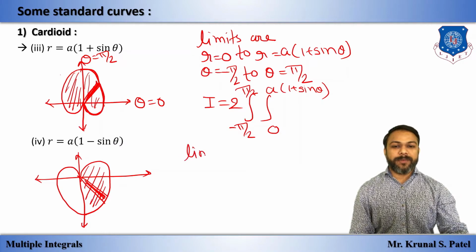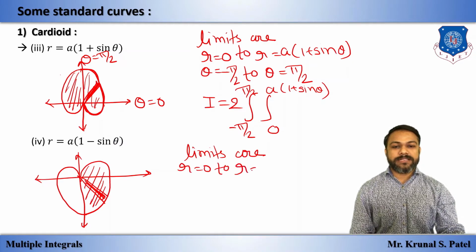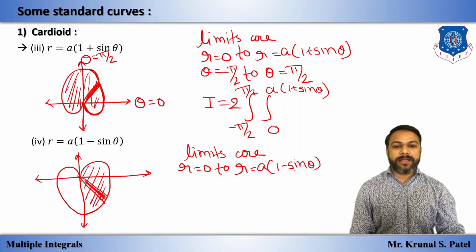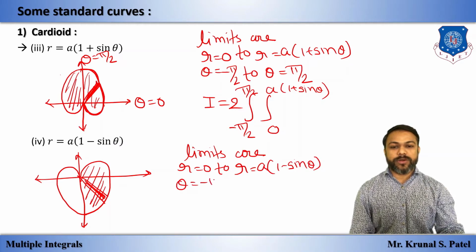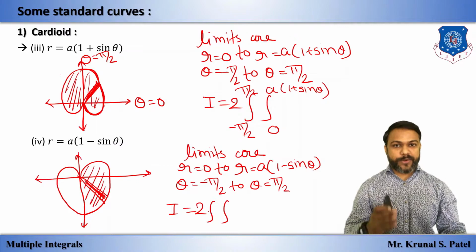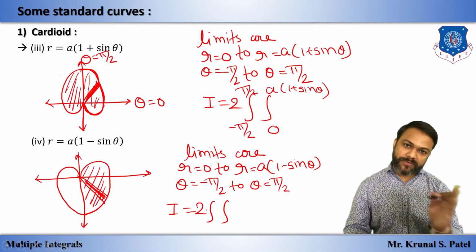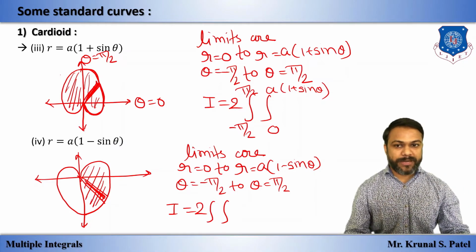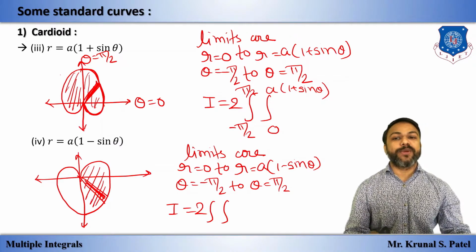So limits are r is equal to 0 to r is equal to the given curve a(1 minus sin theta), and theta, as I told, we will take minus pi by 2 to theta is equal to pi by 2. Okay, so it will be 2 times if it is asked for the entire cardioid. If it is asked for the right part of the cardioid, then 2 is not multiplied. Okay, so these are the cardioids.